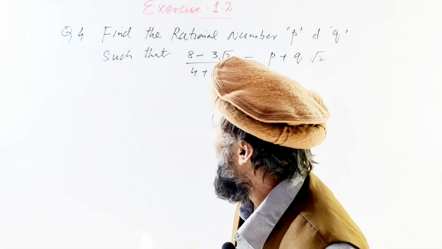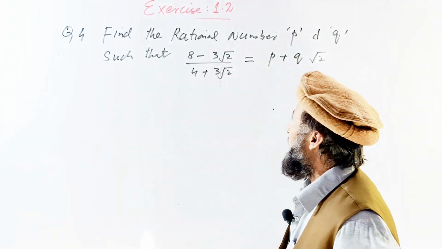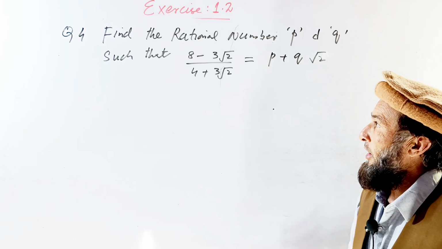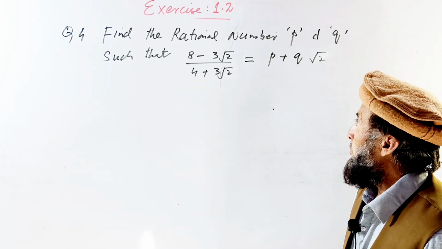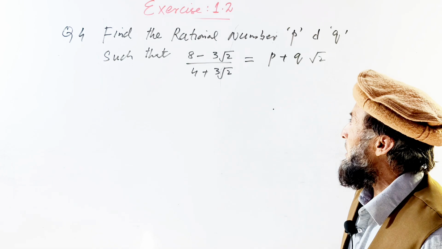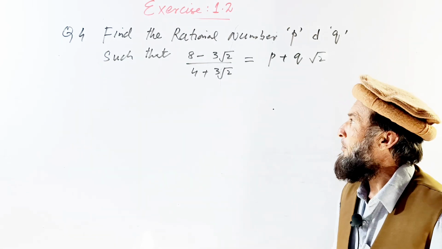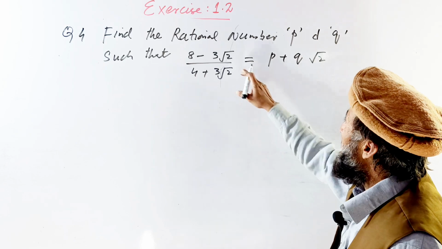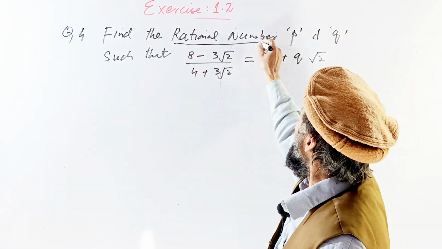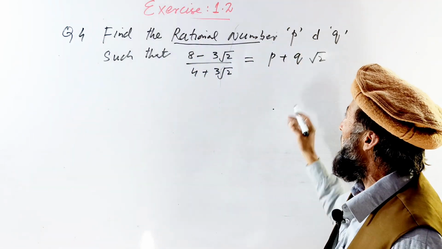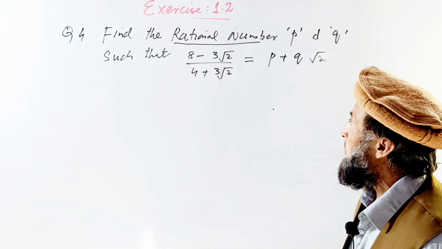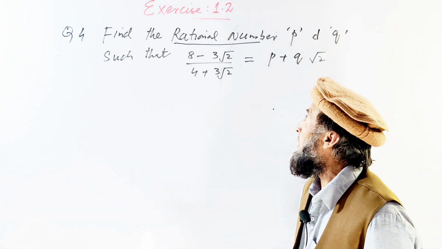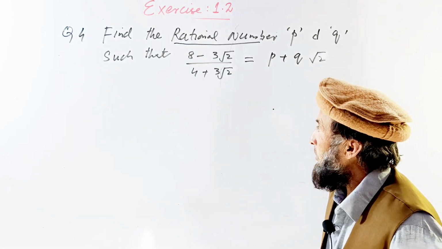So look here, we are finding rational numbers. Rational number is already defined in the previous question: those numbers which are in the form P divided by Q, where Q is not equal to 0. So here rational numbers P and Q are required. We have to find the values of P and Q, and those are also rational numbers. How can we calculate?